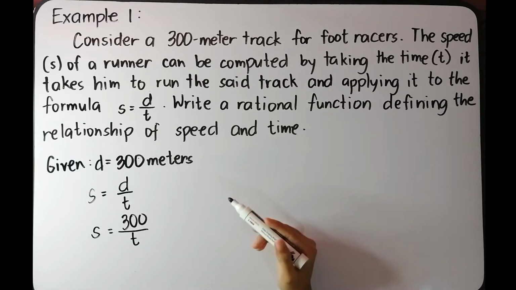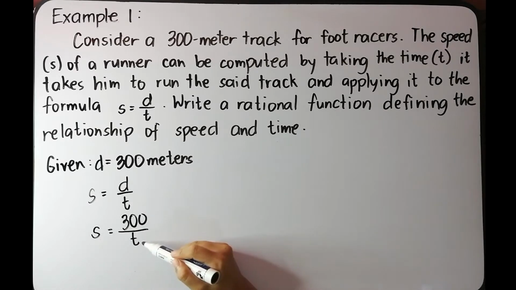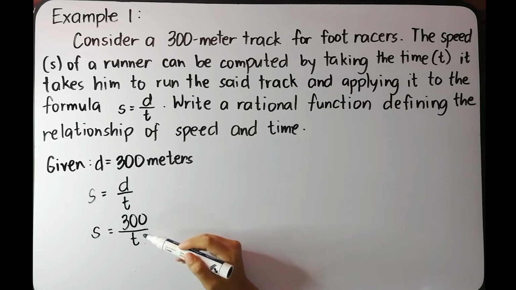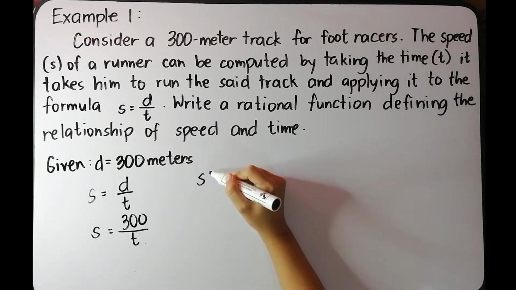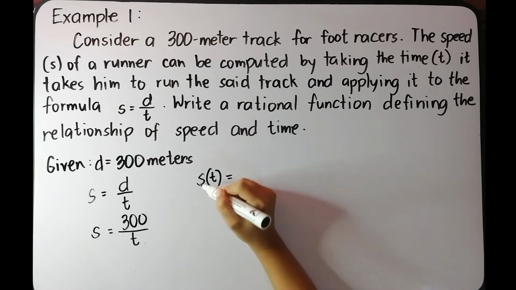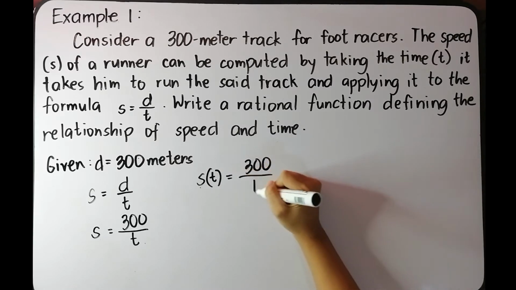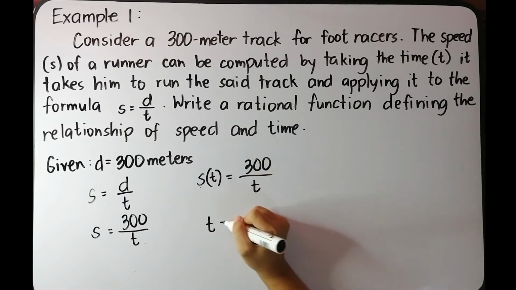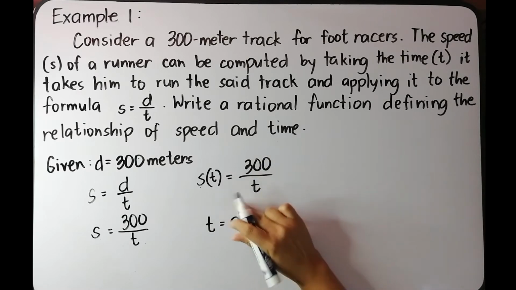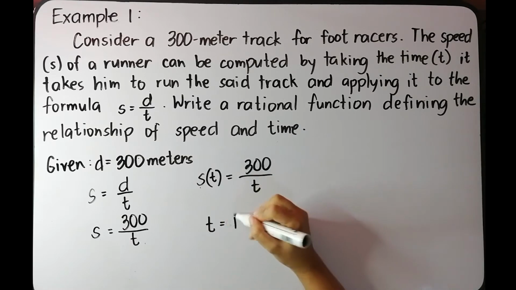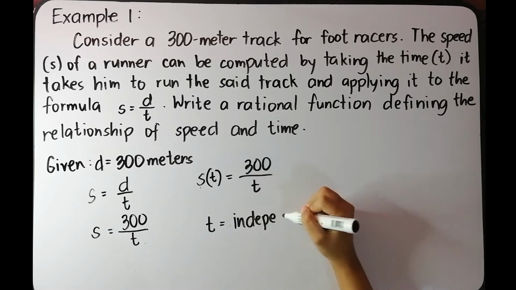Since we can get the speed using the time it takes him to run the 300-meter track, that means S is dependent on, or a function of, time, T. So we have 300 over time. Your time, T, is the independent variable, meaning it is the input.